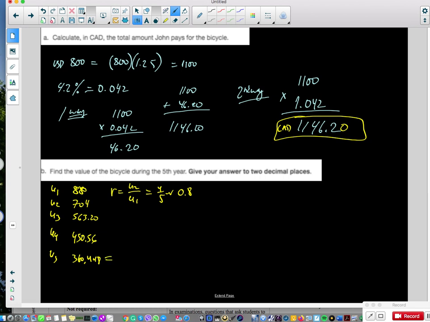So the correct answer in 2 decimals is 360.45. That's the value. Of course, you can also do it using the formula that U5 equals U1 times R to the n minus 1. So you find 880 times 0.8 to the power of 5 minus 1, it's the same thing, 360.45. Are we right with this? Yeah. Okay. The next question now.